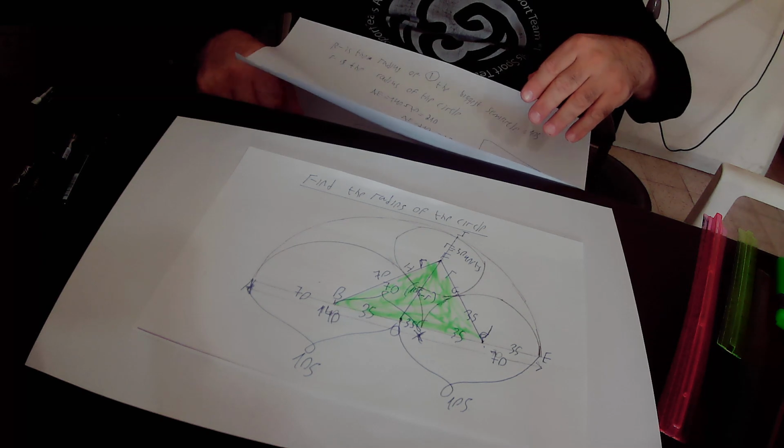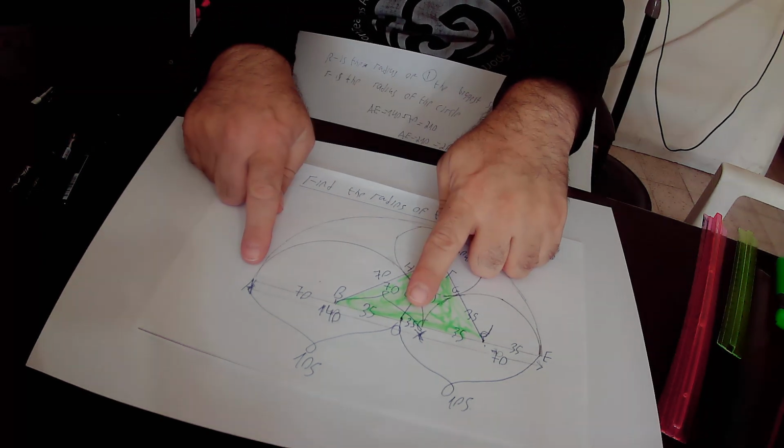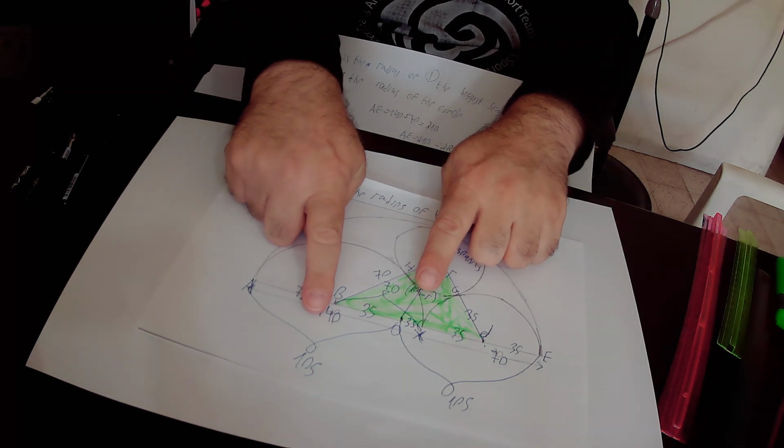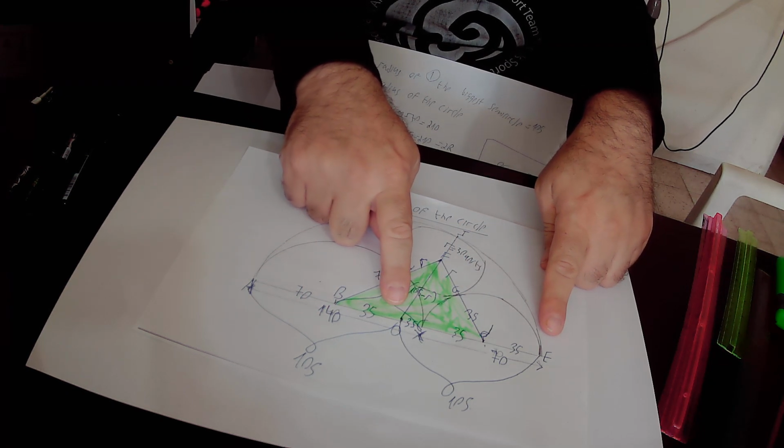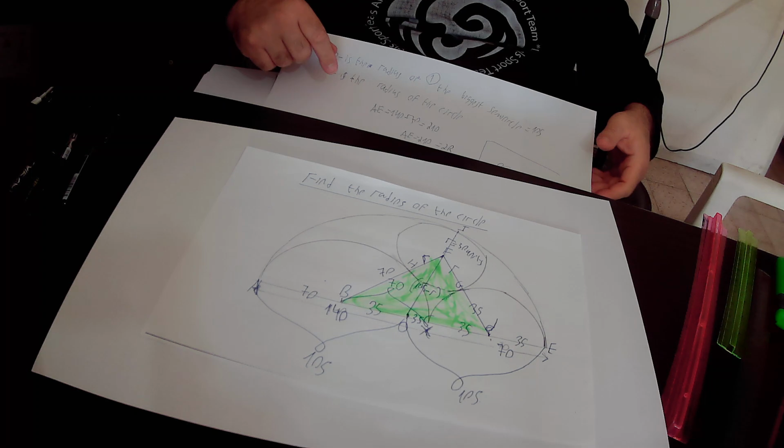So here the radius AO of the biggest semicircle equals 105 units, and the radius OE also equals 105 units.